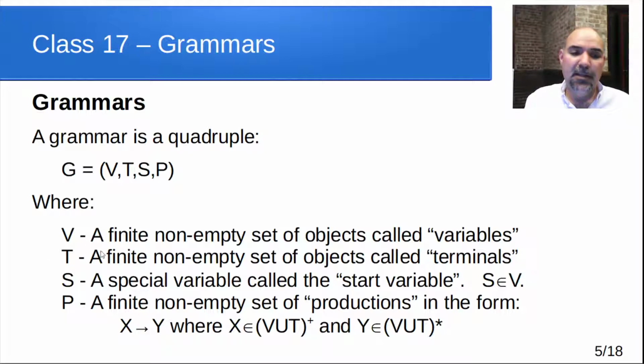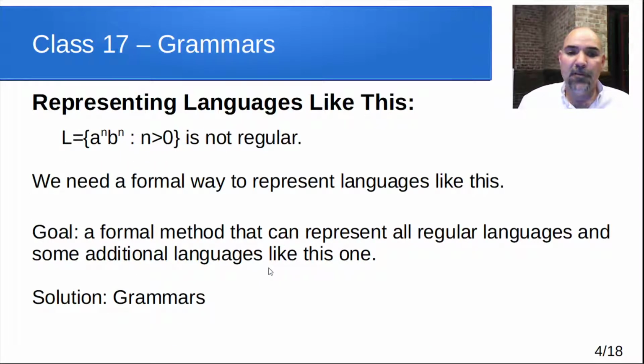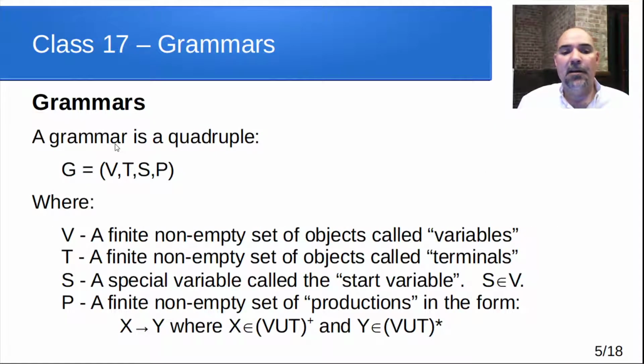V is finite, T is finite, P is finite, and S is a single start variable. There's nothing infinite about this. We could not make a finite state machine for the language back here, but we can make a grammar that solves it. It's just a different kind of mechanism.